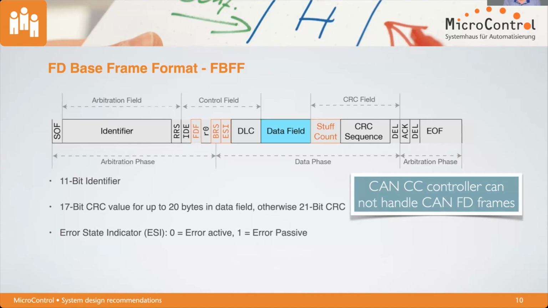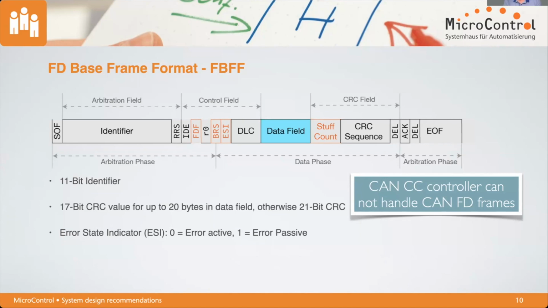So if that is your plan to mix up classical CANopen with CANopen FD devices, I would say from today's point of view, it's a bad idea. So either when you're planning a system, plan it with classical CANopen, or directly go, everything is working with CANopen FD, and avoid mixtures of them.